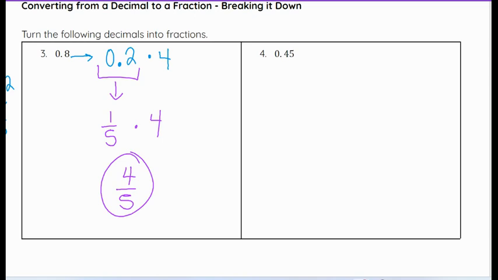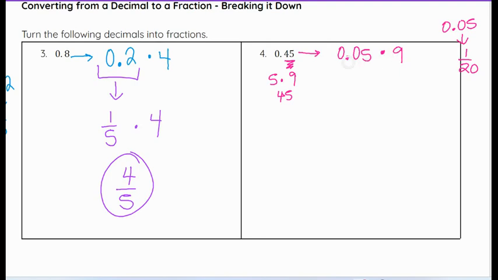Now with the 0.45, again, maybe you have, like we talked about when we looked at the table, 0.05 memorized, and that's 1/20th. So if you know 0.05 is 1/20th, think about 45 as a whole number. If we had 45, 5 times 9 is 45. So if we have 0.45, if I make that 0.05 times 9, that's going to be 0.45.